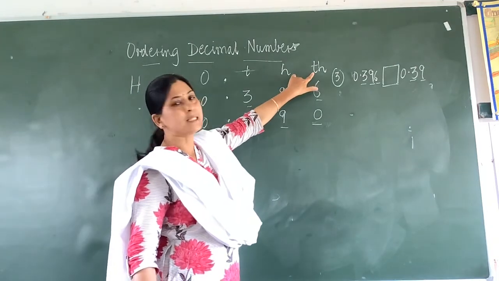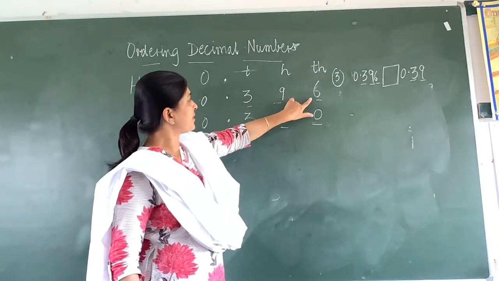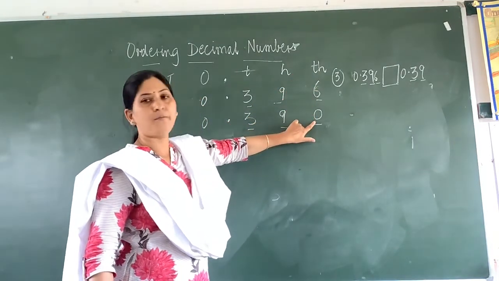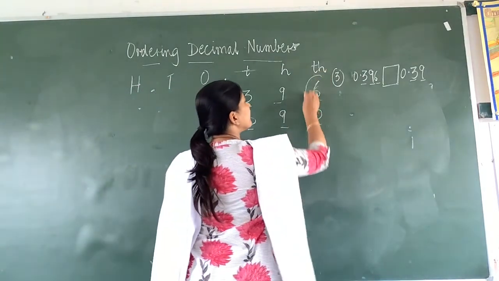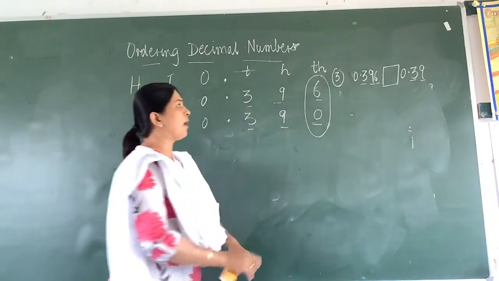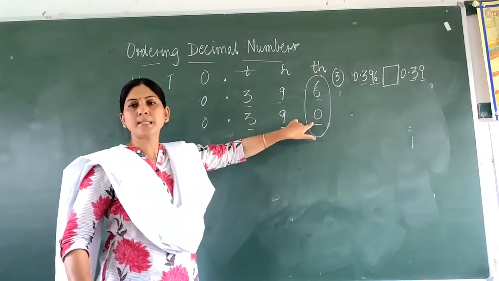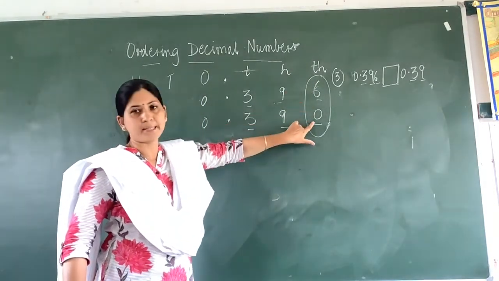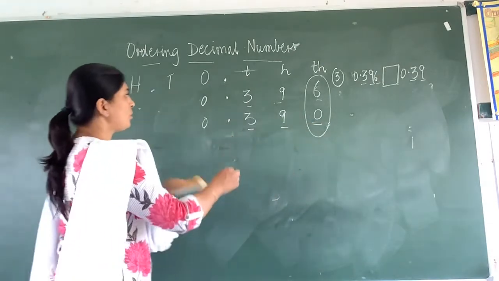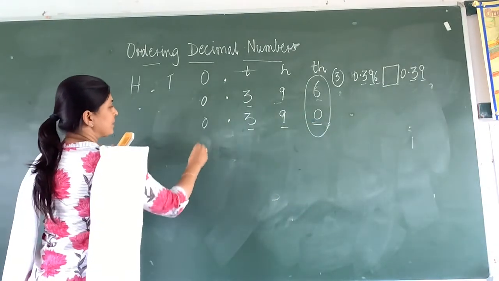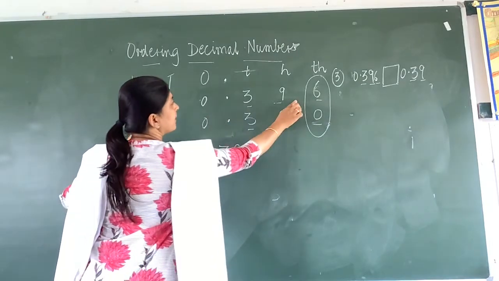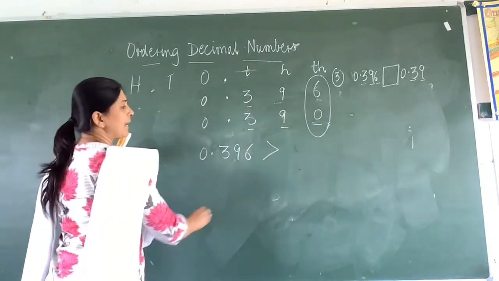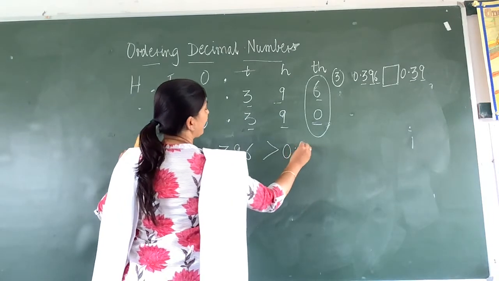In thousands place, we have 6 here, but here we have 0. So 6 is greater than 0. We found the difference in thousands place. So what does this mean? 0.396 is greater than 0.39.